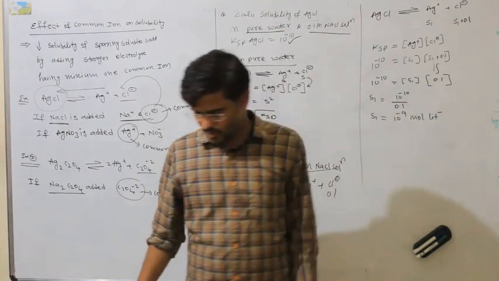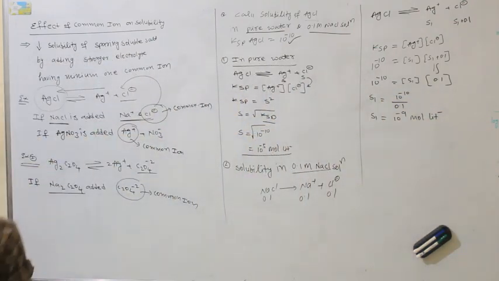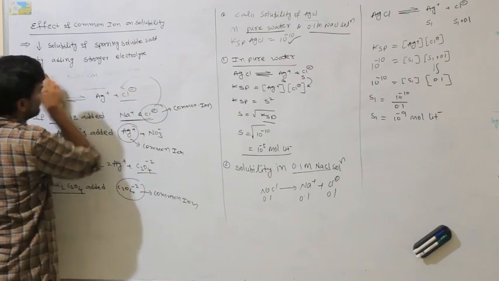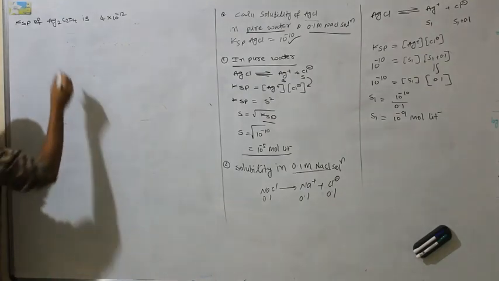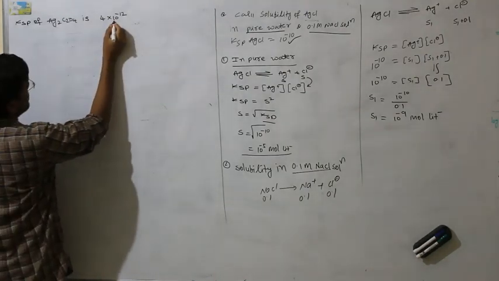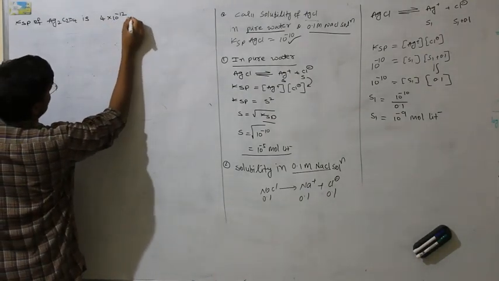In the same way, take one more question. KSP of silver oxalate is 4 into 10 power minus 12.